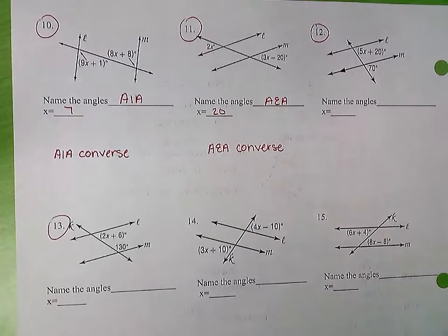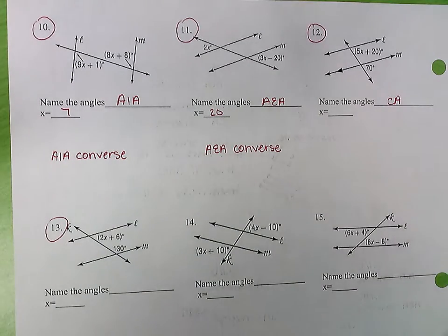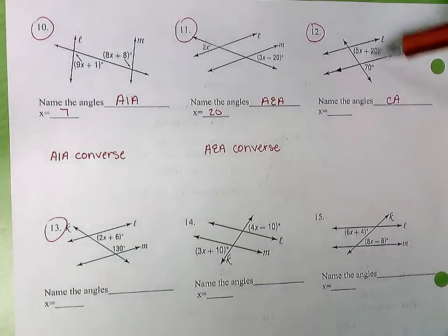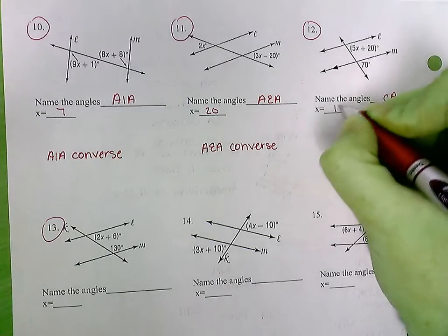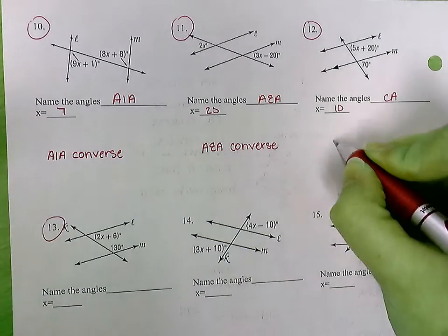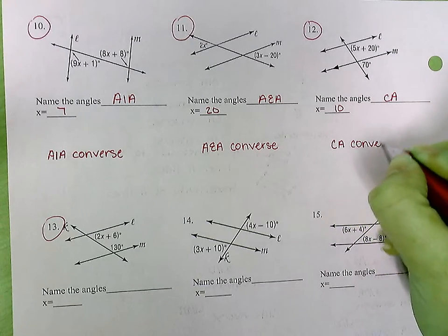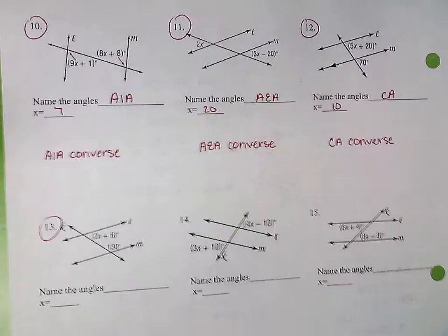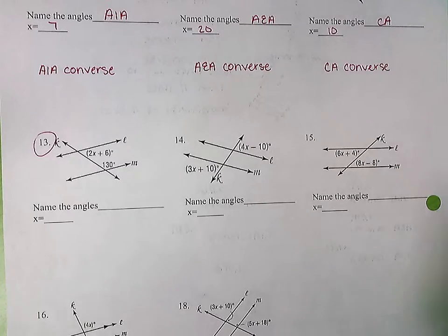Number 12, these are corresponding angles. Corresponding angles are congruent if those lines were to be parallel, so you can set those equal. You should get x is 10. So those lines would now be parallel by the corresponding angle converse. Okay, and then the last one I had you do, number 13.